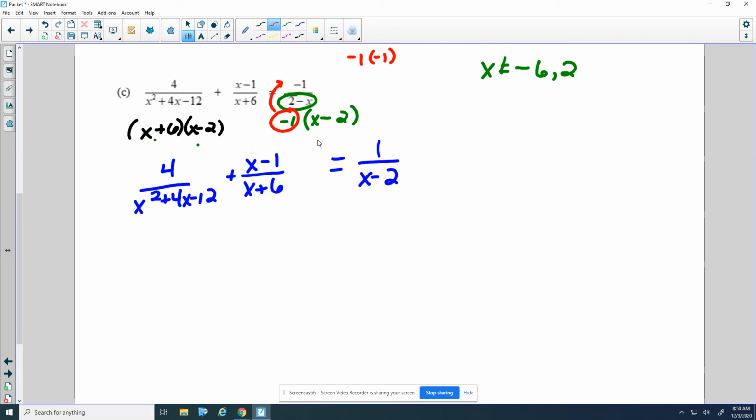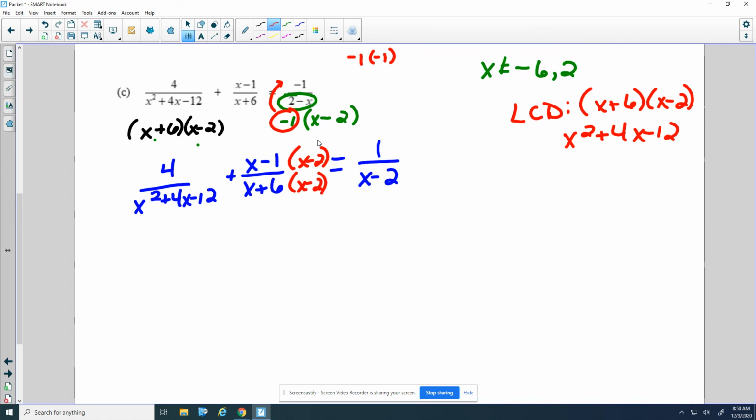So LCD now is x plus 6 and x minus 2, which we know is x squared plus 4x minus 12. First fraction is good. Second fraction is missing x minus 2. And the third fraction is missing x plus 6. So first fraction stays.